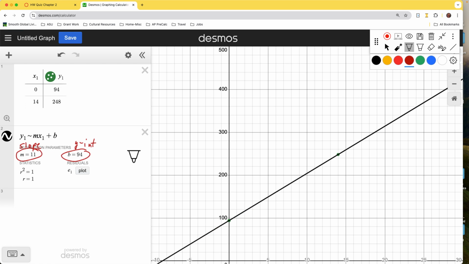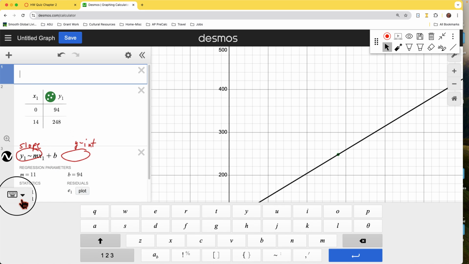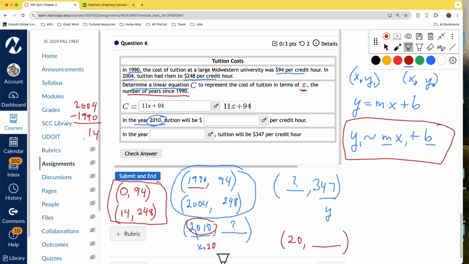In Desmos, all we need to do is add another expression. We want x to equal that number. So whatever they gave us, 20, or they gave us 2010.